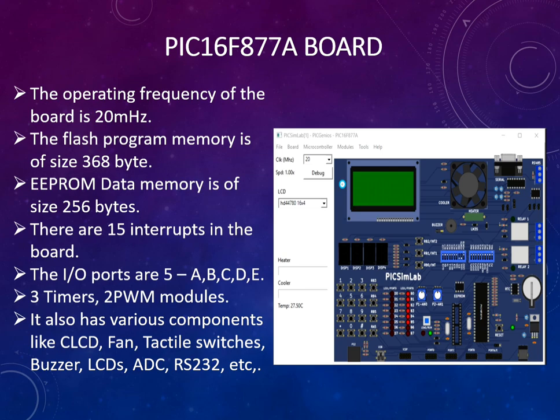There are 5 input output ports: port A, port B, port C, port D, and port E. It also has 3 timers and 2 PWM modules. It also has various components like CLCD, fan, keypad switches, buzzer, LCDs, ADC, RS232, etc.